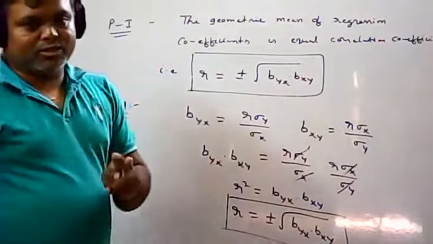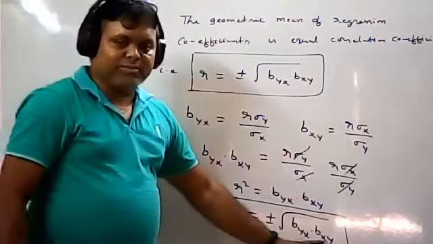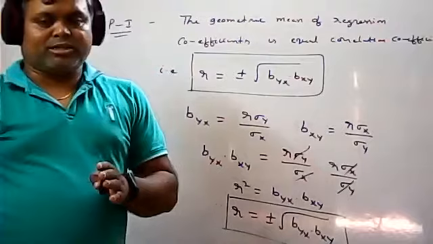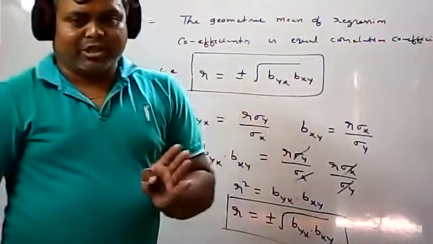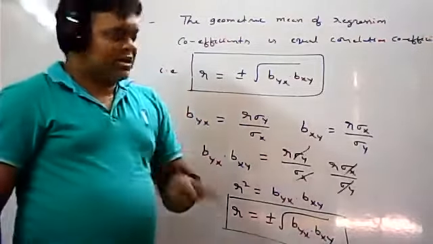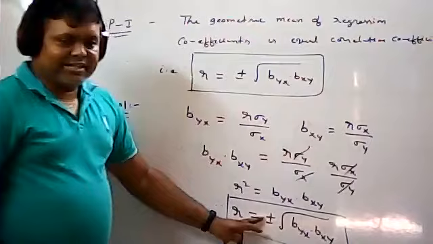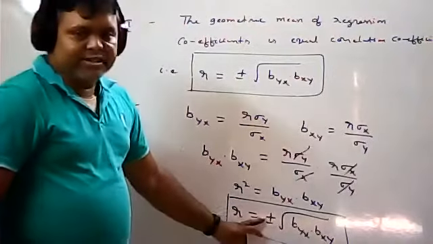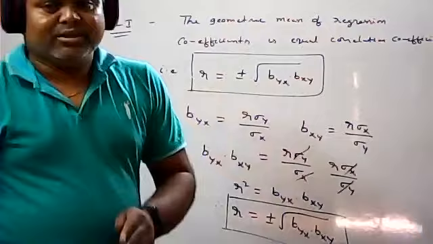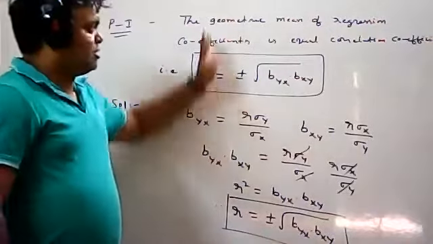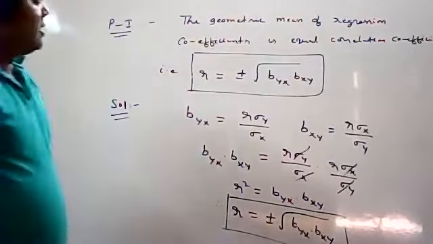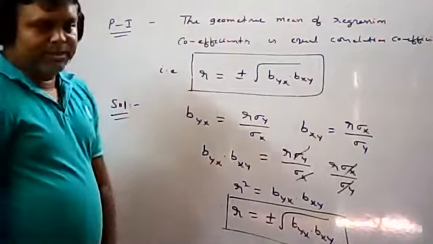I will tell you why, that property also. So this is the first property of regression coefficients. Okay, now we'll move to property number 2.